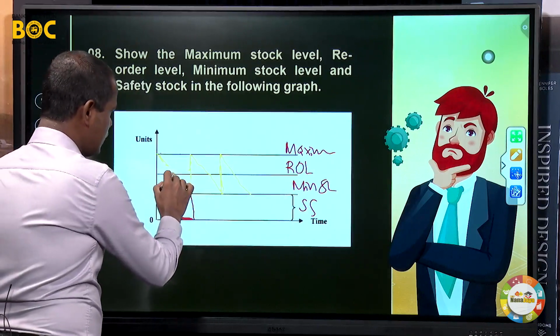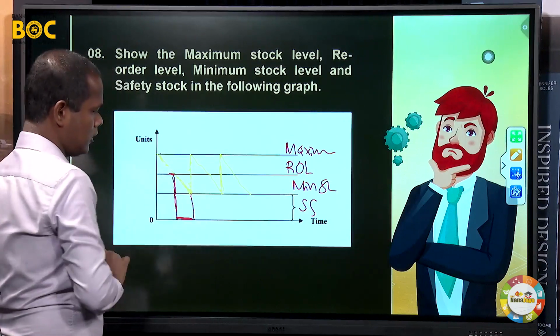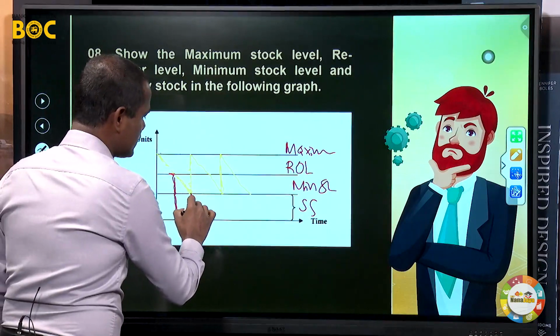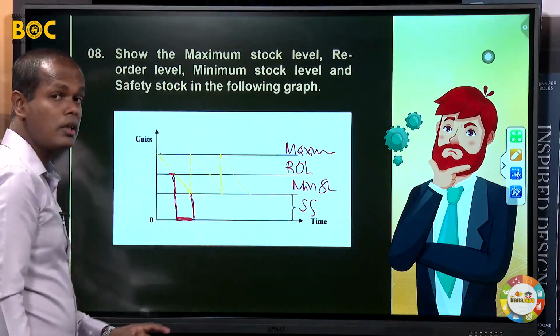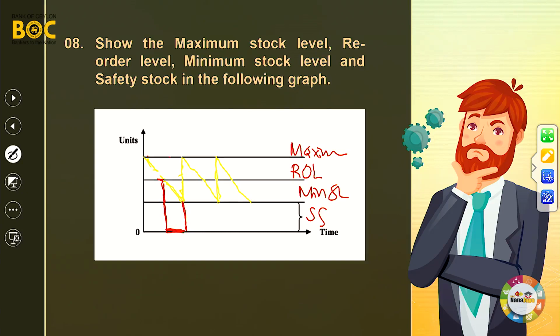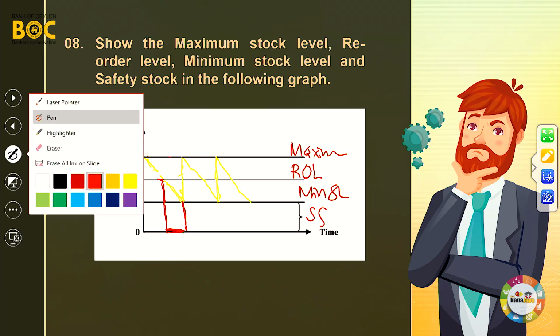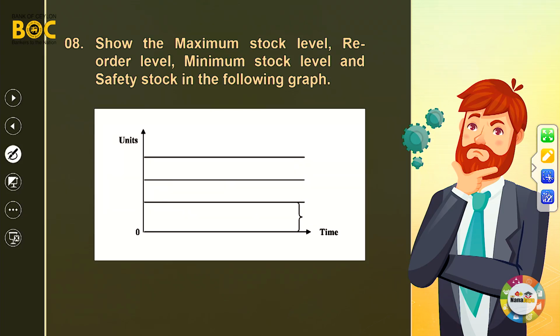This time gap between the date of order and the date of receiving, we call lead time, or reorder period, or delivery period.